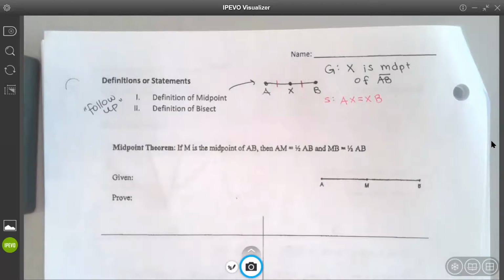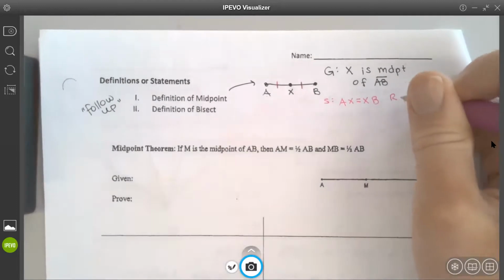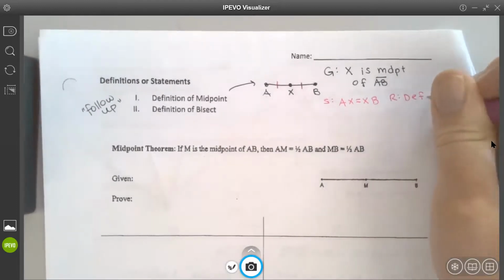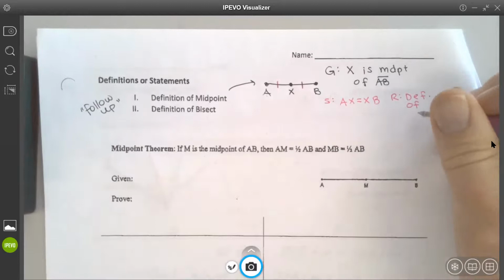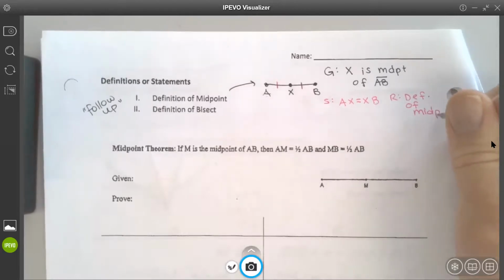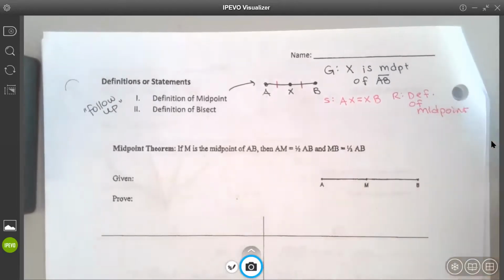And the reason that I can say that in my reasons column is definition of midpoint. We always follow a given that something's a midpoint or bisect with definition of midpoint or definition of bisect, always. You never want to forget to follow up those givens.